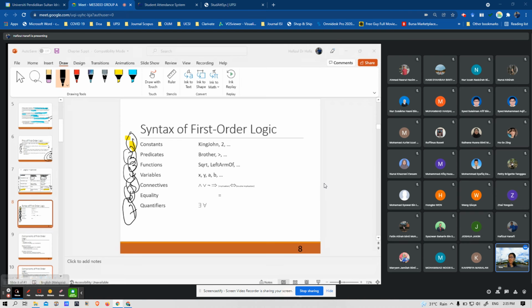For example, you can have King John, number two, and so on. This one is a set of sentences satisfied by more than one interpretation. Constant: set of sentences.